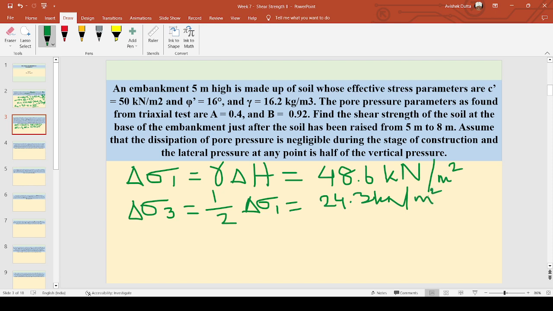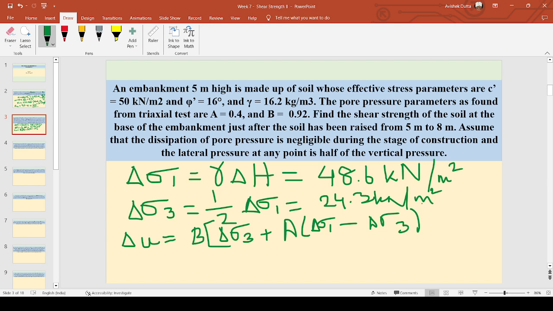Now, using Skempton's pore pressure parameters, you can find the increment or decrement in the pore pressure. That will be equal to parameter B into del sigma 3, the change in cell pressure, plus parameter A into del sigma 1, the change in axial stress, minus del sigma 3.